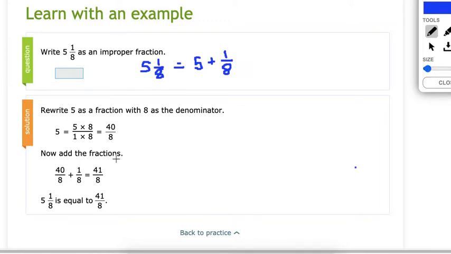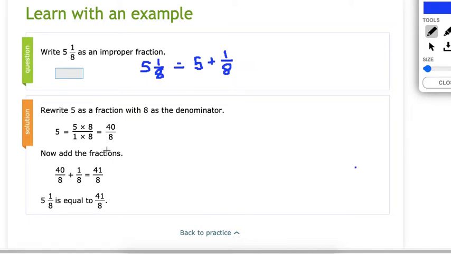So if you think of it that way, we now have the 5 as 40 over 8, and then we're just going to add the 1/8 to it, so we end up with 41/8. And that's how you can take the 5 and 1/8 and get it to 41/8.